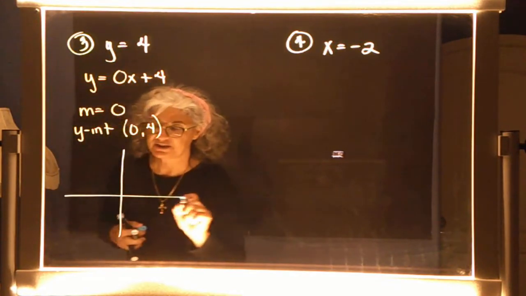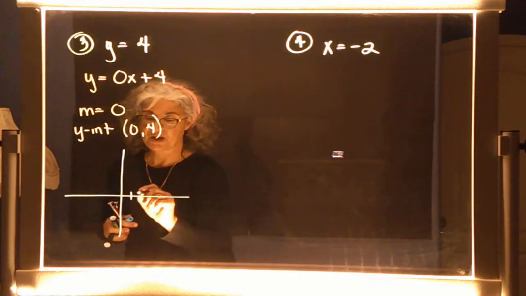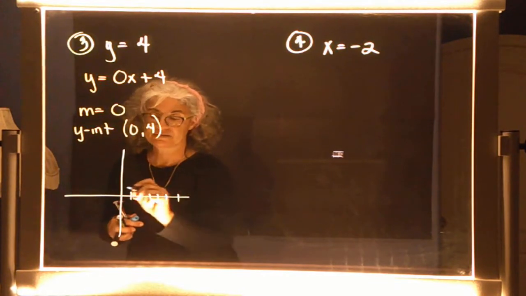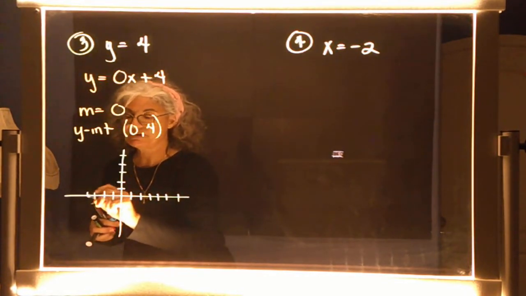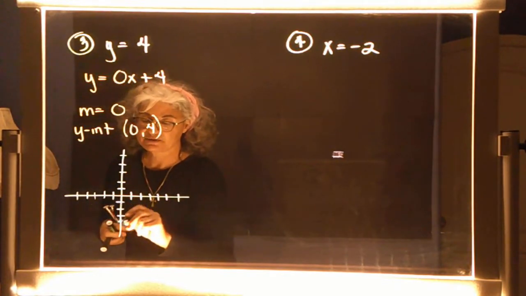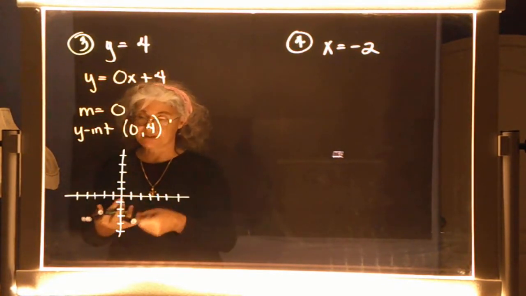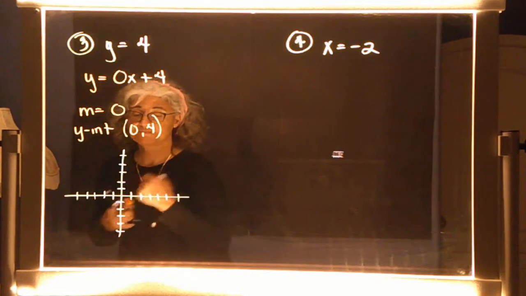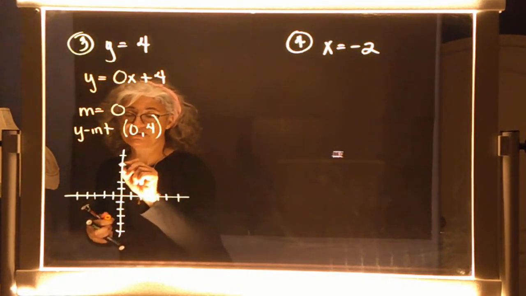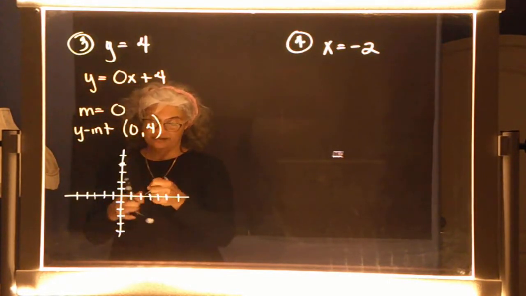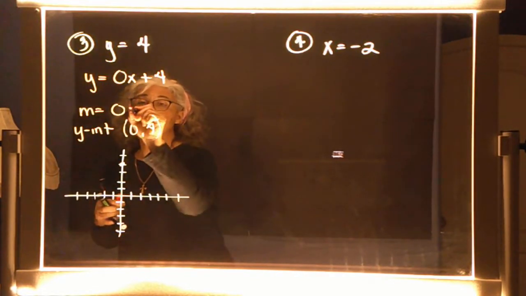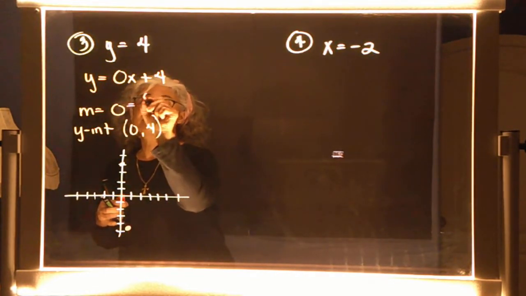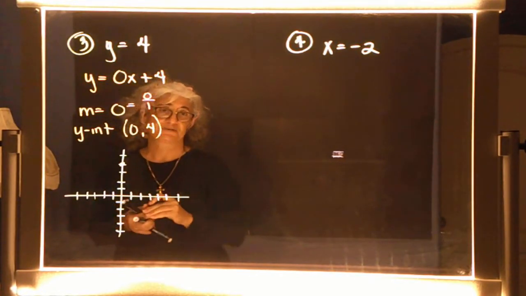All right, let's graph this. When I graph it, I need 2 points, and 1 point has been given to me, and that's the point (0, 4). So I'm going to plot the point (0, 4), and there it is. And by the way, slope is always what kind of number? Good, a fraction, which means technically this could be written as 0 over 1, couldn't it?